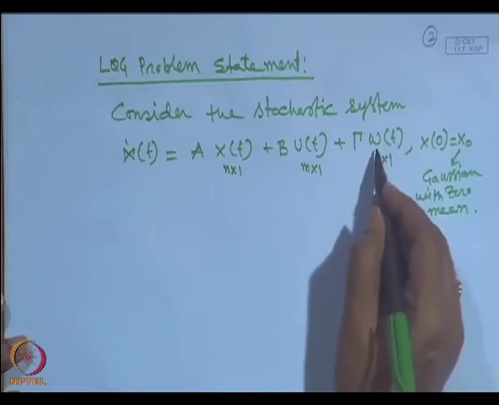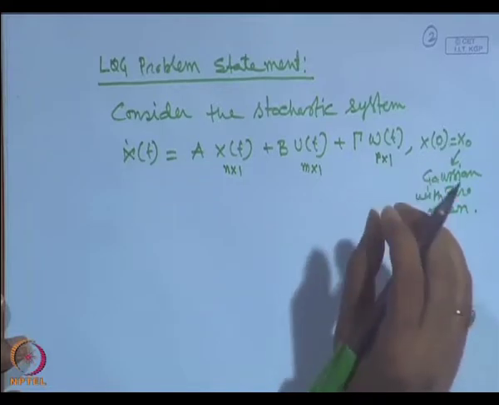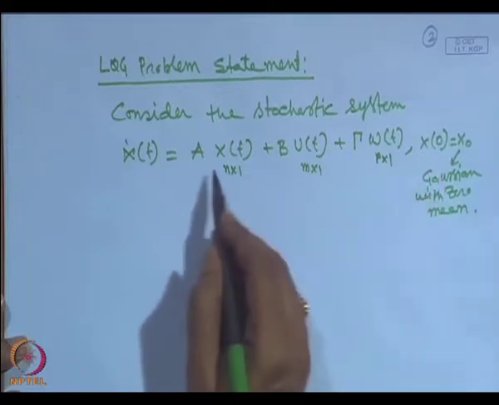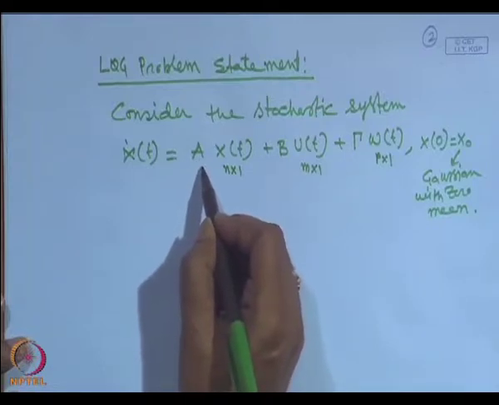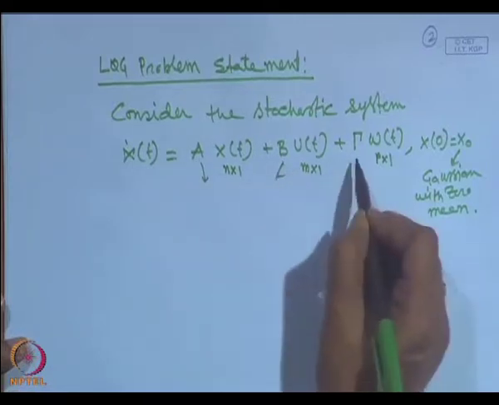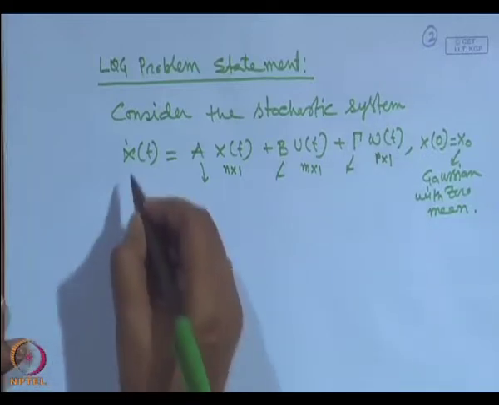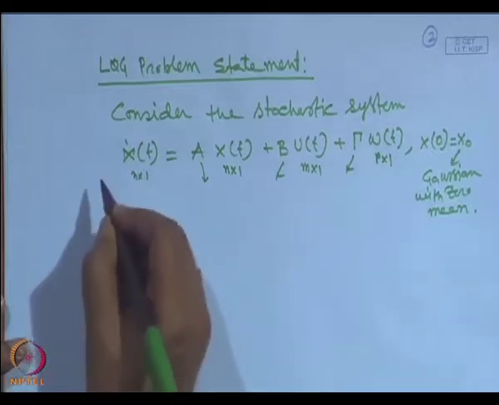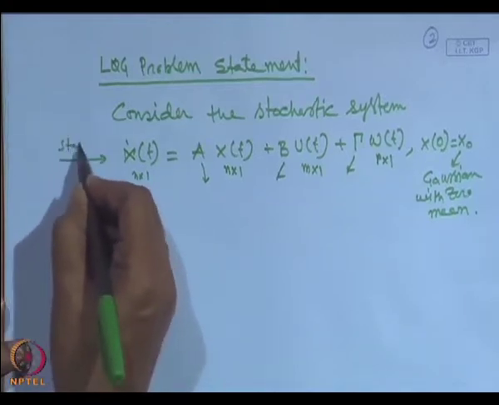Once you know these dimensions, you immediately know the dimensions of A, B and gamma. This is nothing but the state equation.